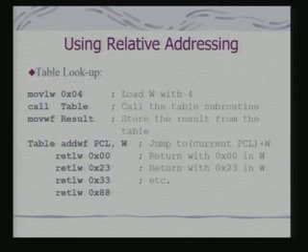Let us look at this example, which is very interesting because it illustrates various features which you can use in PIC. Here we are using a table lookup, and this code is primarily for that purpose. Initially, you are loading the W register with 4, and then you are calling the subroutine table, which is referred to by the 11-bit offset.